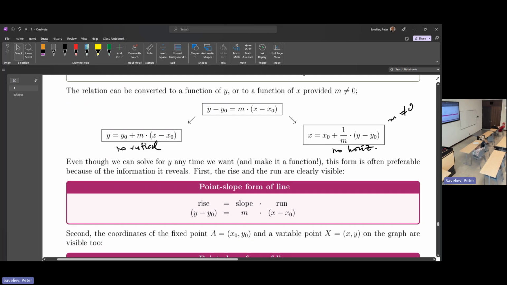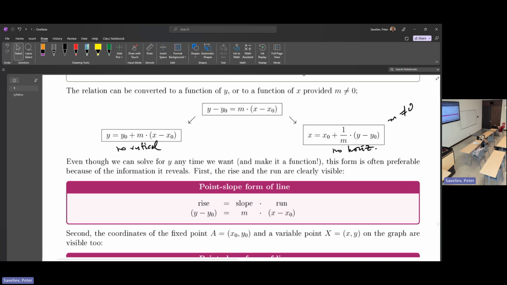Okay, so look at the advantage of this form. Even though it's a relation, it seems like extra work, but really you can see all the geometrical ideas are here. The rise is visible, the slope is visible, and the run is visible. What's in parentheses are the rise and the run, and the coefficient between them is the slope.